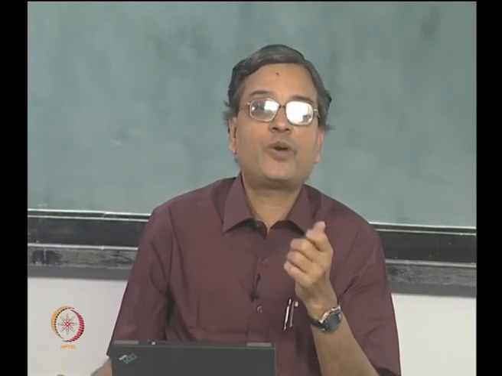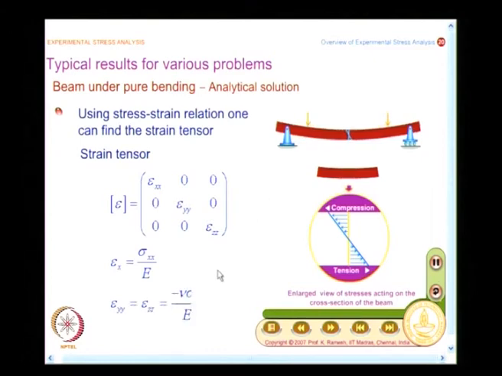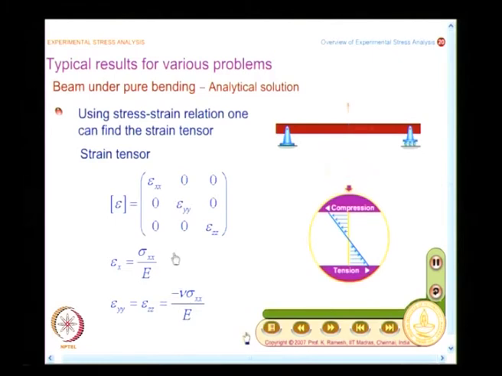What many people may ignore is the effect of Poisson's ratio. They may ignore the presence of epsilon yy and epsilon zz. You have to be very careful about that. So, the stress tensor gives you a uniaxial state of stress, but the strain tensor gives a triaxial state of strain.